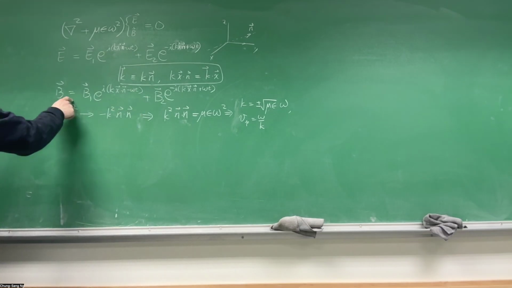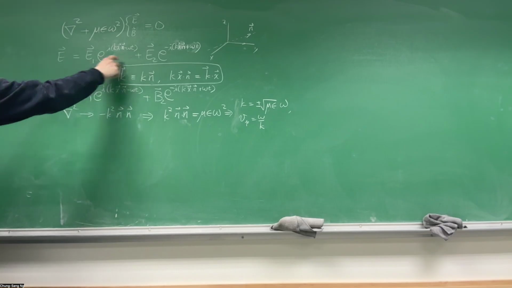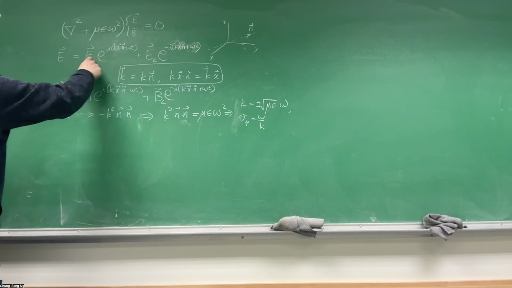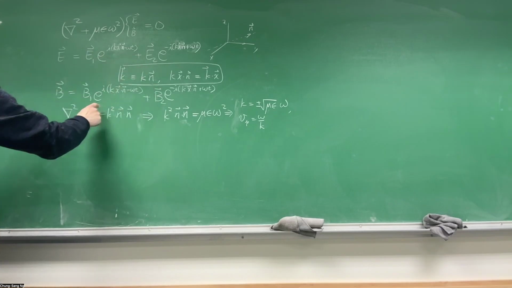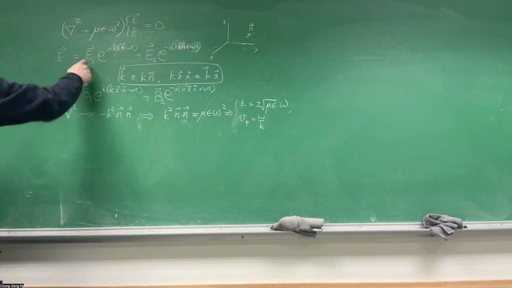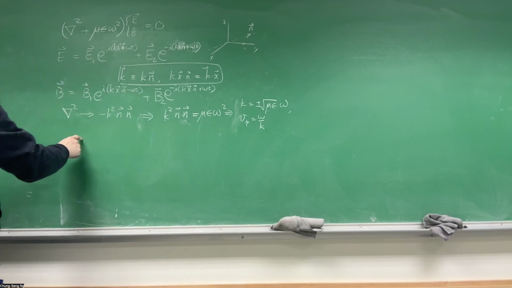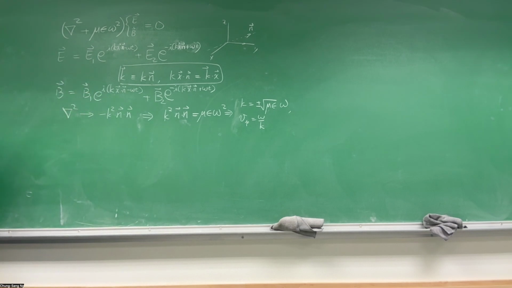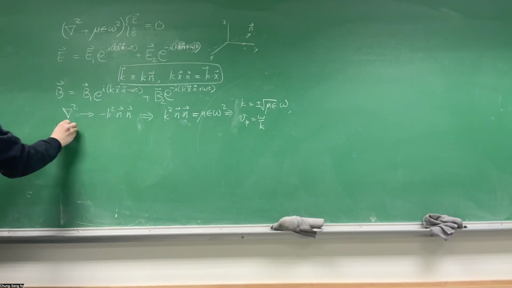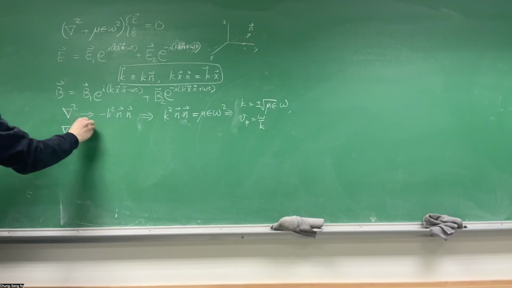The next step is to find the constraint between the amplitudes E1, E2, B1, B2. One way is to go back to either Gauss's law or divergence B equals zero, so both will give you similar restrictions. First we use divergence E equals zero.